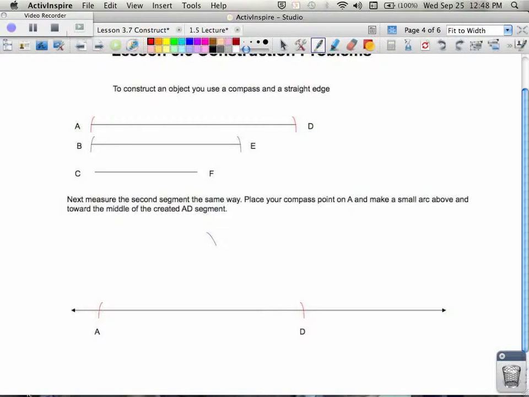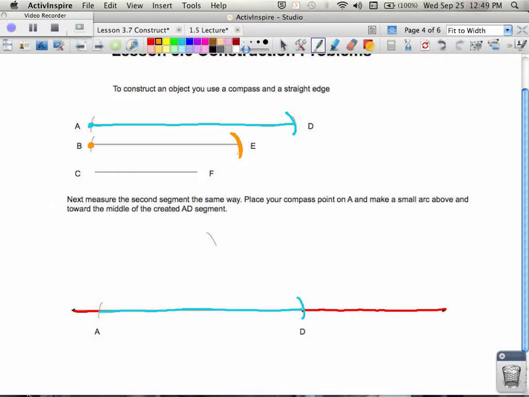Then, remembering that we had that very long line that we drew that was longer than the segment, and knowing that we had put our compass point on A, stretched it out, and measured D, this segment in light blue being AD, we had already marked that off with our compass. Now I'm going to go to the second longest segment, in this case BE, and I'm going to put my compass point on B, and measure how far it is to get to E, and make an arc out in space where the E is.